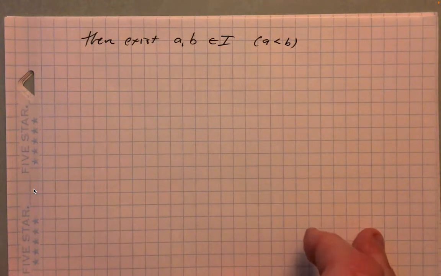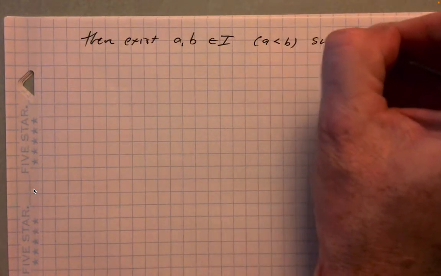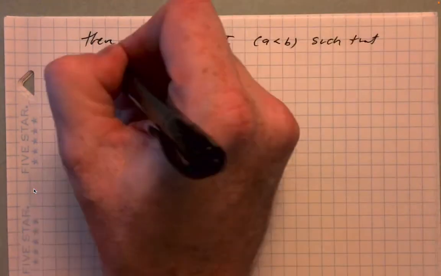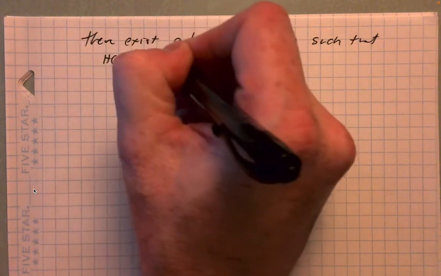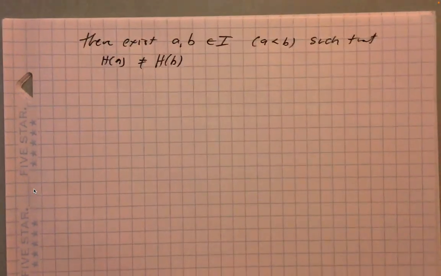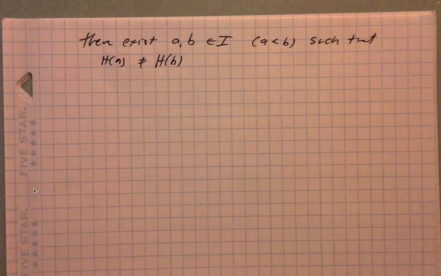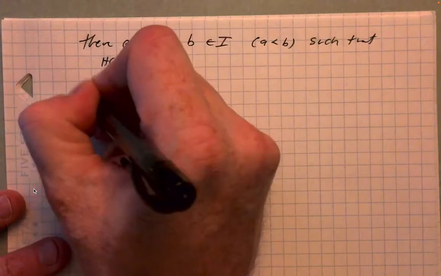They're just not equal, that's the important part, such that h of a is not equal to h of b. This is all just basic logic, hopefully. So h is differentiable. Obviously, it's a difference of two differentiable functions. So h is differentiable.